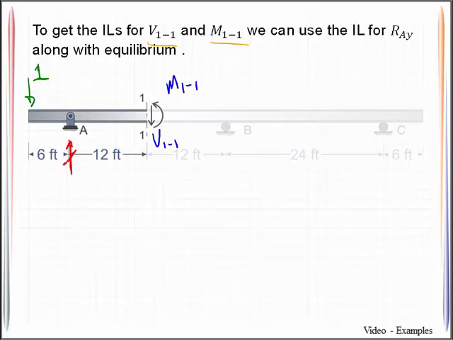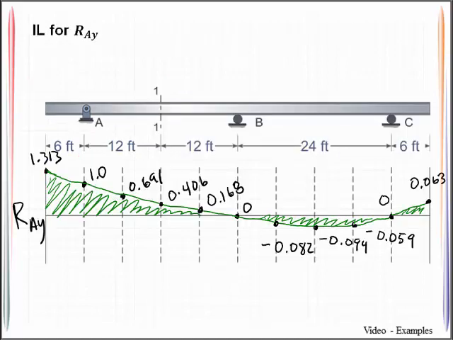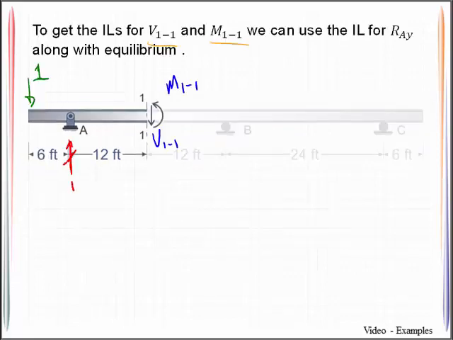Now the way we get that reaction is we can go back and look at the influence line and say, hey, when that point load is to the far left, the reaction at AY is going to be 1.313. So I'll go ahead and put that in there, 1.313. And then I simply have to use equilibrium to solve for my unknown quantities because we've got them there.